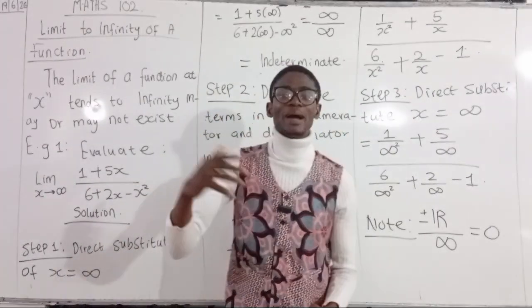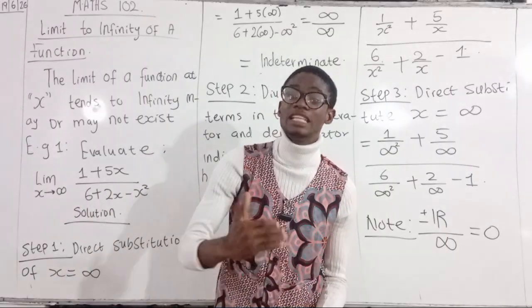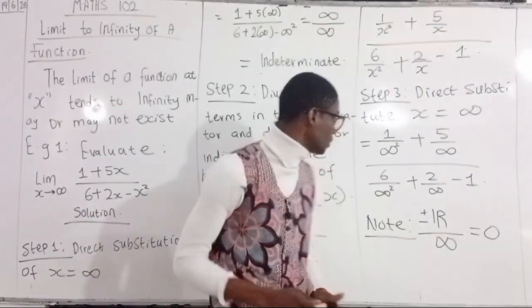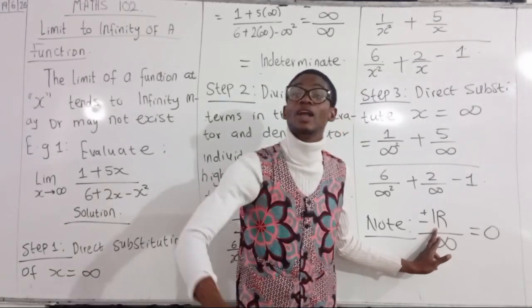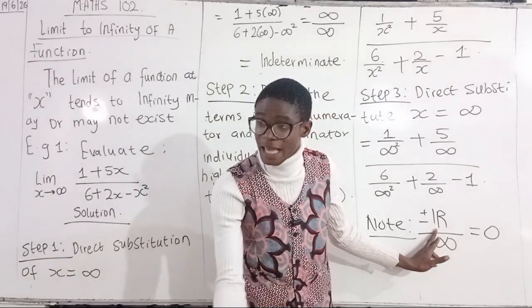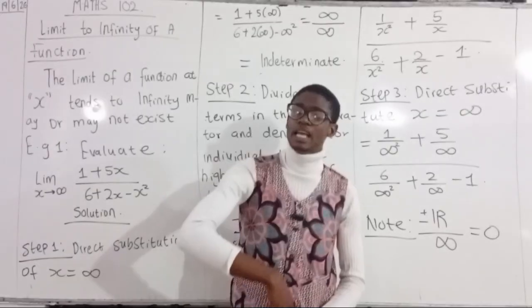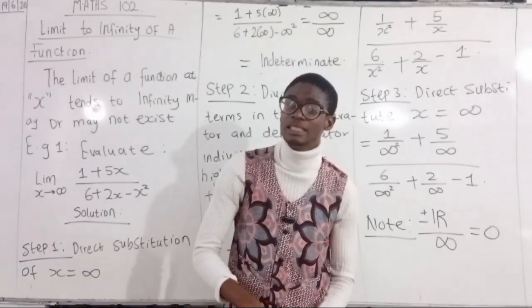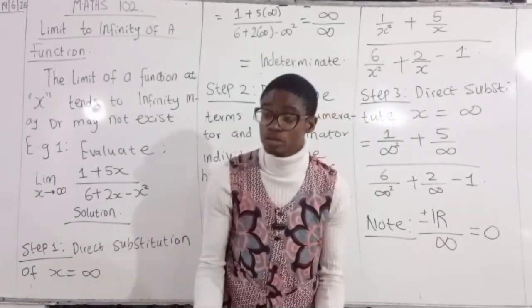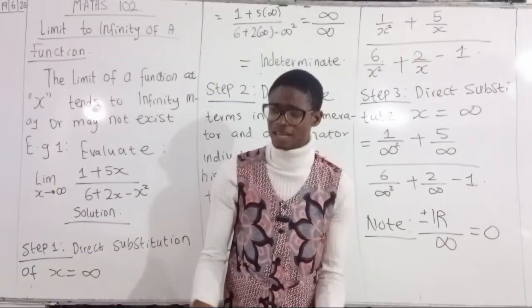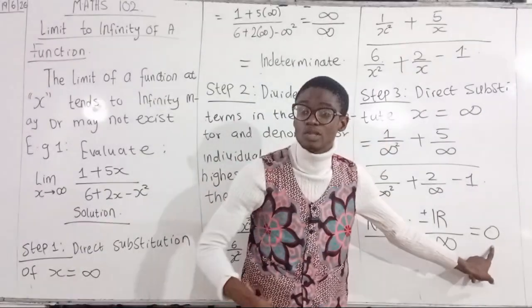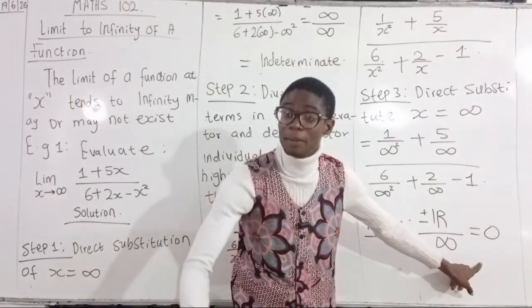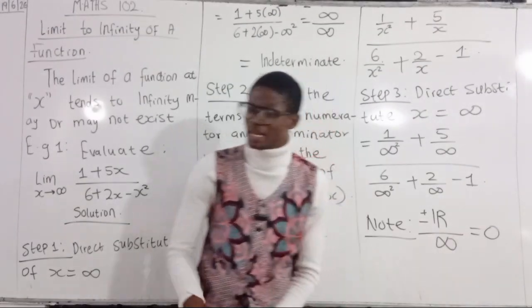Because the number is very big, the value becomes so small that you can call it 0. For example, even if it's 1000 dividing 3 trillion or 5 trillion or 10 trillion, the number will be so small that if you approximate it to the nearest 10 decimal places, you still get 0. Do you understand?